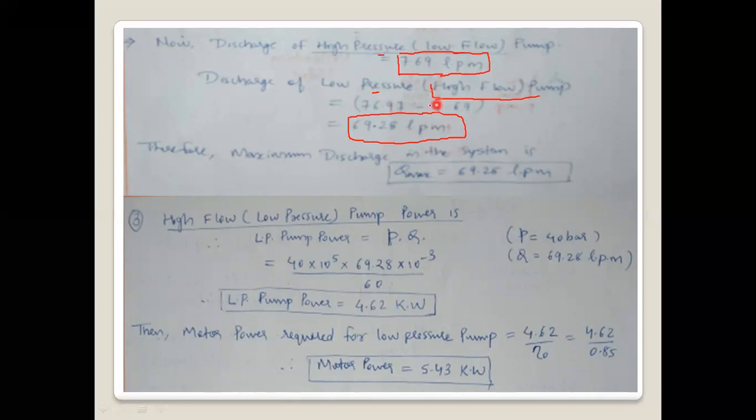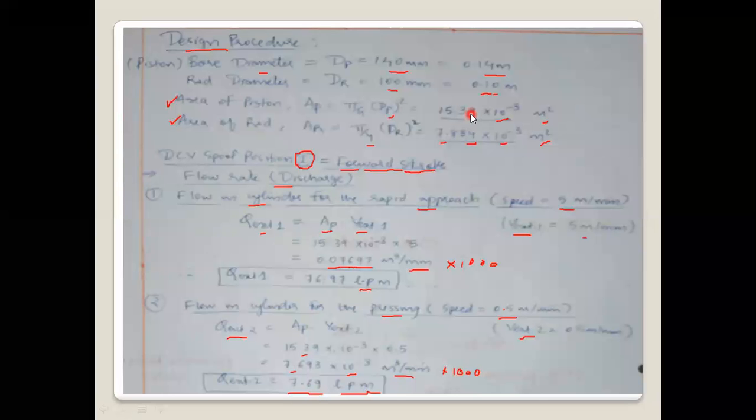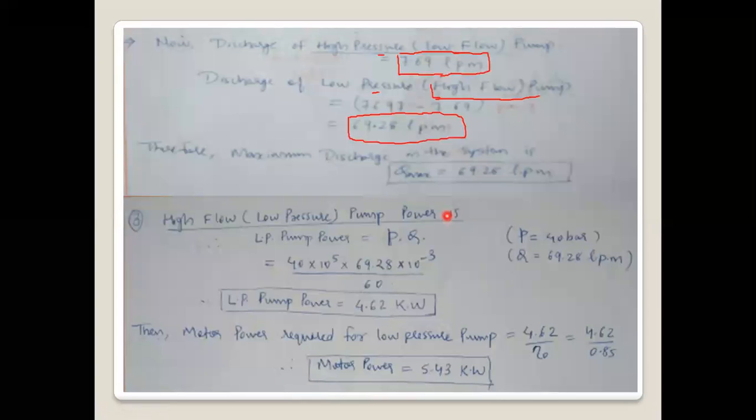Why I'm taking the difference of 7.69, because at the time of rapid approach, the oil will be coming from both the low flow pump and high flow pump. But while pressing, what is happening? While pressing, the oil will be coming from the low flow pump only. So that's why I'm taking the difference of this 7.69.